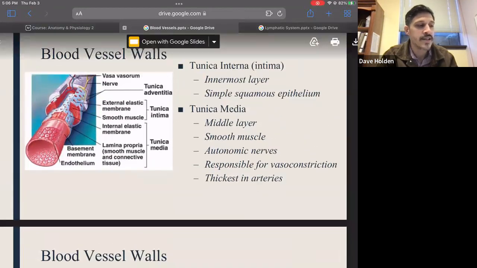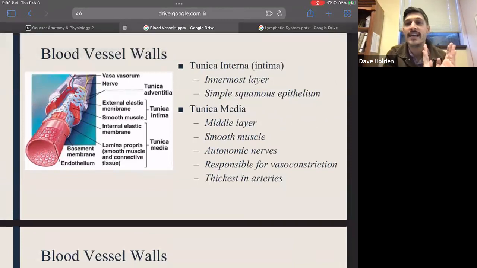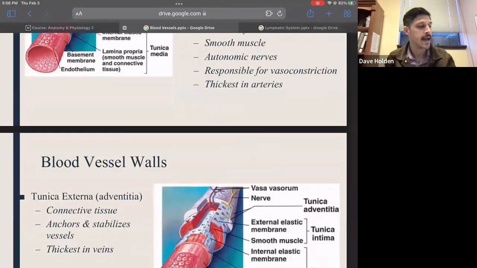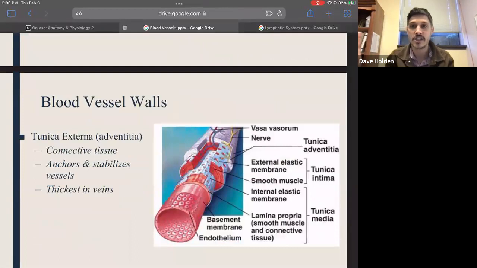So look at what those names are telling you. I have an interna one, like intimate, like it's internal. Maybe it's inside the vessel, yeah? The innermost layer. Tunica media, the one in the middle. And then on the outside, we have the tunica externa, the outside layer.